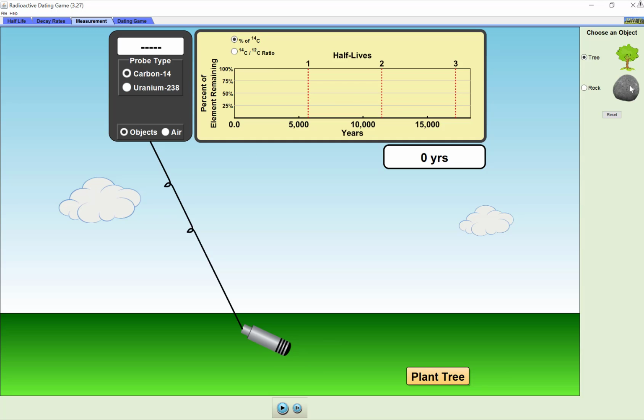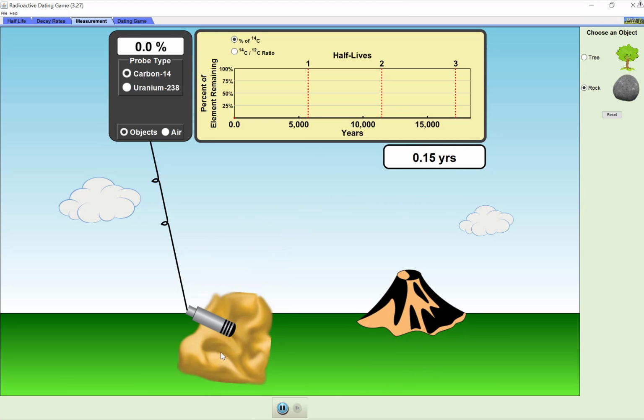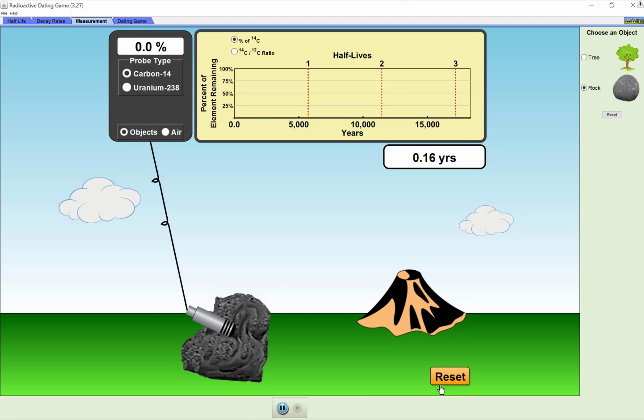However, if we were to change this up, and instead look at a volcano erupting, that magma and lava comes spewing out, and it will eventually cool. Well, we can't use carbon-14 to date this because there is no carbon-14 in it.